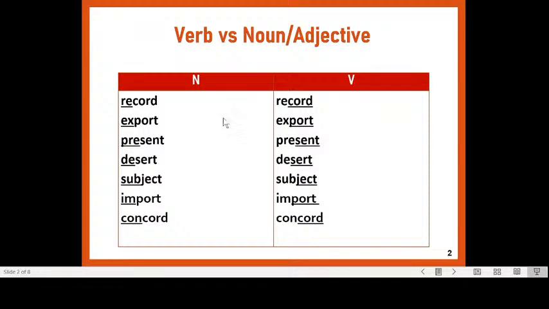There are too many words like these, and each word can be used as a noun and also as a verb, so it has two parts of speech. We will be looking at these again one more time when we take the lesson on word stress, later on in this series.